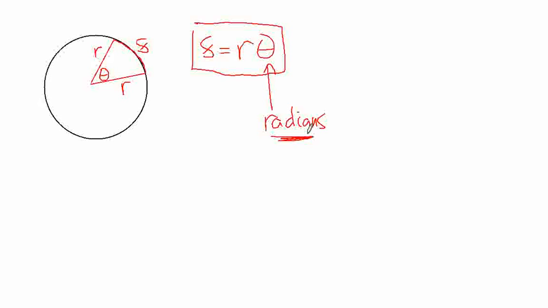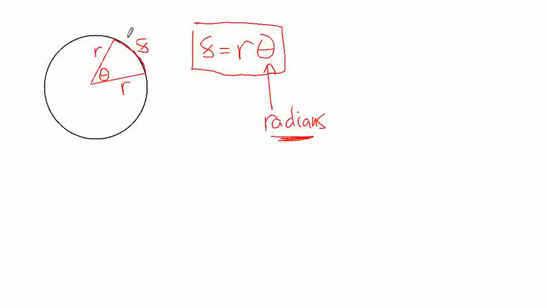Now, why does this formula work? Why does it hold true? Would you agree that if theta was 90 degrees, then the arc would be associated with a fourth of the circumference?